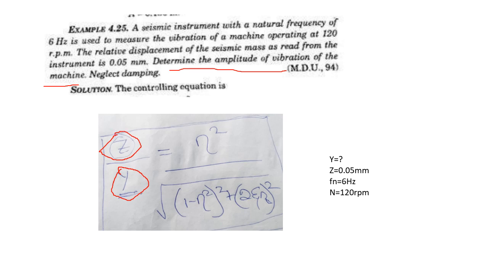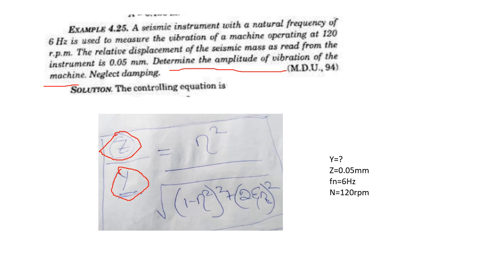So if Z is 0.05 mm, what will be Y? Y will be equal to 0.05 mm only if this whole thing goes to 1. But if this whole thing is not going to 1, then Y will not be equal to Z. So that we need to calculate.